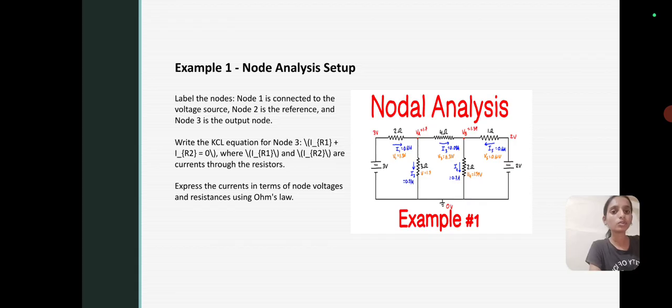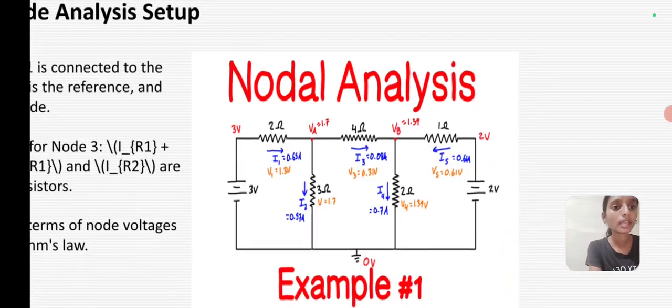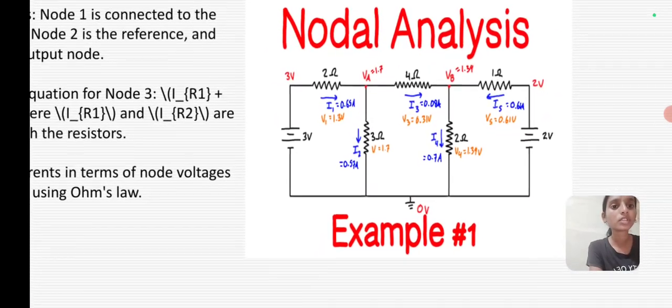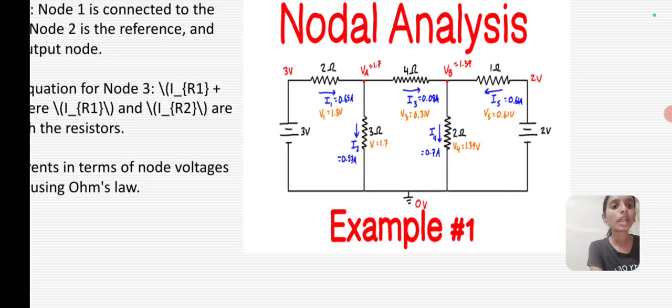Where we have to write KVL equations for node 3. And this nodal analysis can be expressed in current in terms of node voltages and resistance using Ohm's law. In this circuit, we have three nodes, N1, N2 and N3.